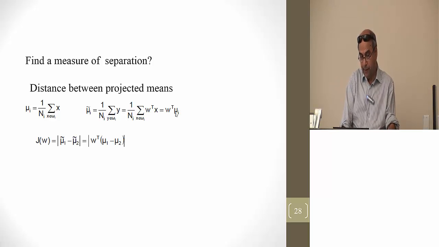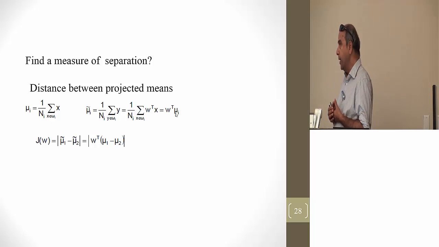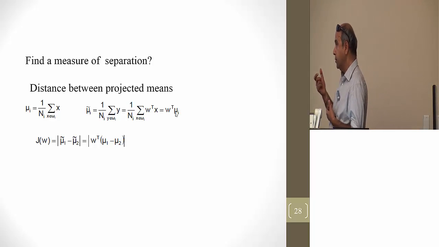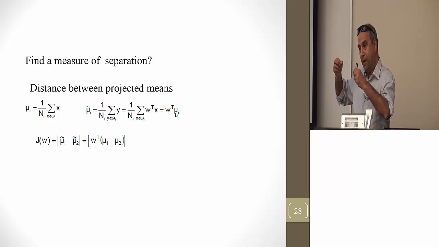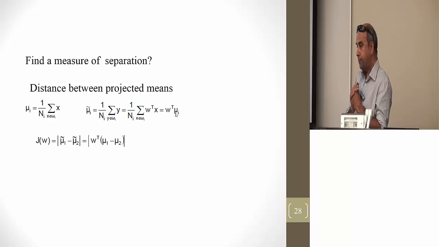So this way we will find these two means, mu1 and mu2 in the projected space, and we want to maximize their difference. If the means are further away, then we can separate them. So we want to maximize the distance between mu1 tilde and mu2 tilde.